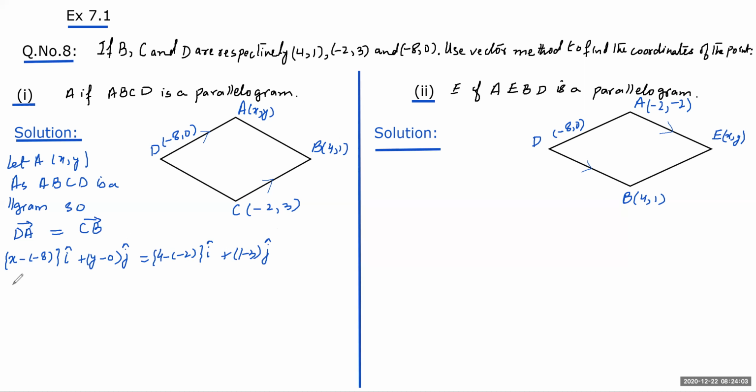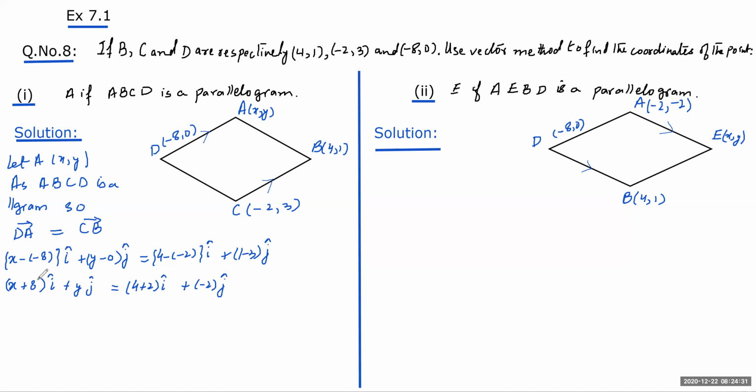So as a result, I get (x plus 8) into unit vector i plus y into unit vector j equals 4 minus -2, that is 4 plus 2, into unit vector i plus 1 minus 3, that is -2, into unit vector j.